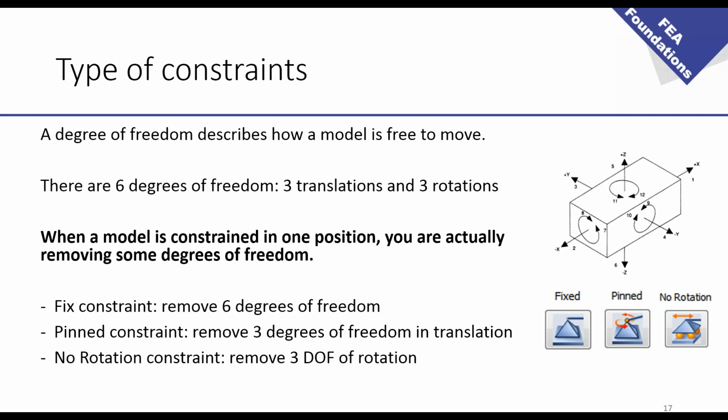And you have a no rotation constraint, which is basically the contrary of the pinned constraint. And of course, you can constrain any direction of the model as you want. So you can say, this face will be constrained only in X direction, and it will not rotate in X direction. All these things are the different ways to constrain the model.